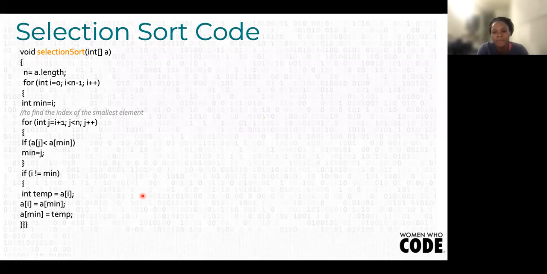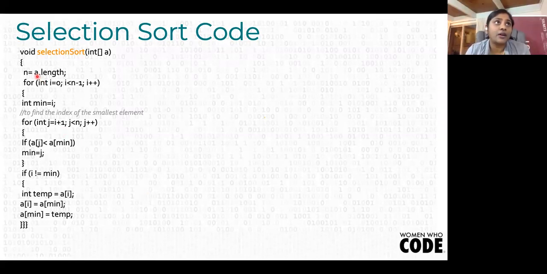Okay. So here you have the length of the array in the variable n, and you go over every element, and for every index you have to find the index of the smallest element. So you have another for loop to go over the elements in the array starting at index i plus 1.